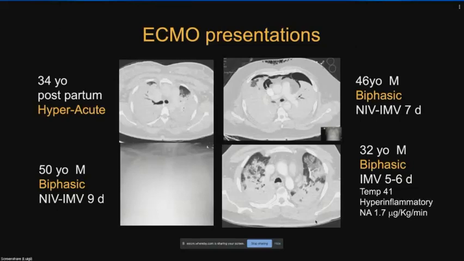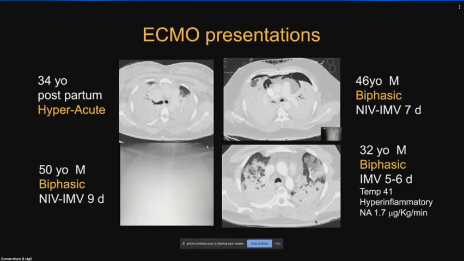And you can see the progressive deterioration in this lung injury to the point that most of the lung is now consolidated, the one on your left-hand side, and you can see the top right actually having severe barotrauma.